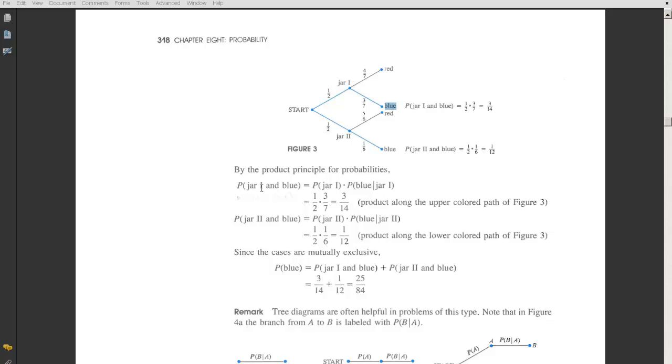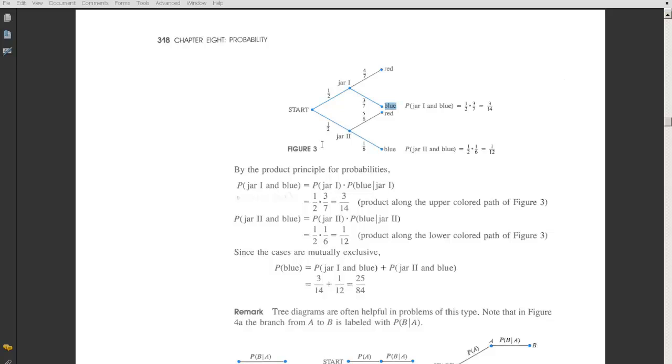So the probability of jar 1 and blue is the probability of jar 1 times the probability of blue given jar 1. That's just that rule that we just looked at. So jar 1 is a half, and blue given jar 1 is 3/7. So we get that.